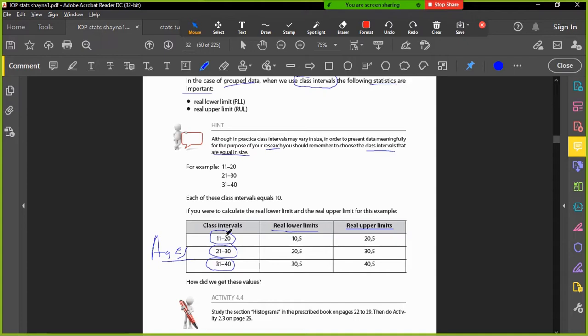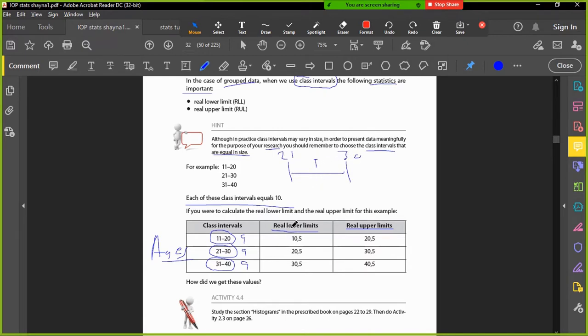So each of these is separated by 9, basically. 20 minus 11 is 9. 30 minus 21 is 9. 40 minus 31 is 9. Are all those intervals equal? Yes, they're all 9. The distance from one observation to the other is 9.